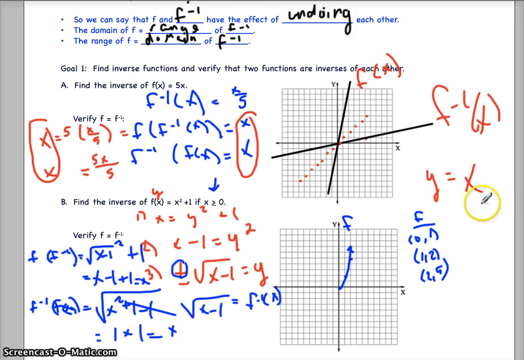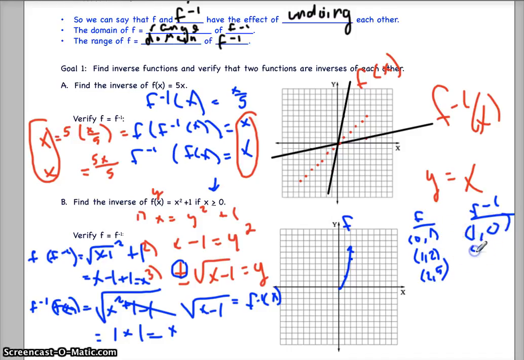Now let's graph f inverse. So I'll plug in, beginning with 0. If I start with 0, 0 minus 1 is a negative, so I know that 0 doesn't work. So let's try 1. 1 minus 1 is 0. The square root of 0 is 0. And look, my ordered pairs switched, so that verifies.